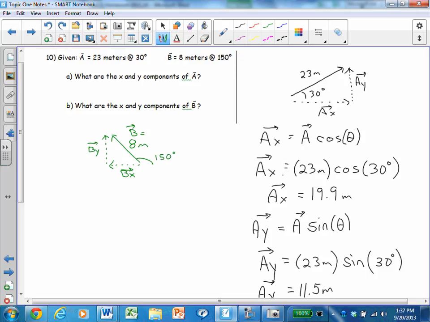Because we've done a lot of this, BX is just 8 meters cosine 150. BY is 8 meters sine 150. Okay? So 8 cosine 150 is minus 6.9 meters. And 8 sine 150 is 4 meters.